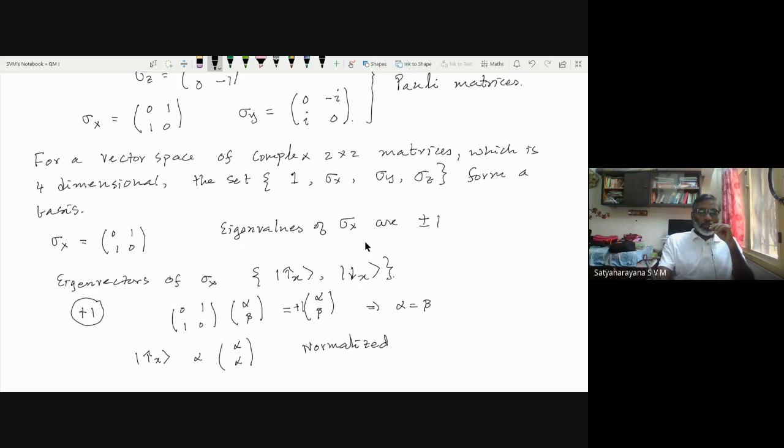So normalize it, then you get 1 by alpha root 2 into alpha alpha. So that is equal to 1 by root 2 into 1 1.